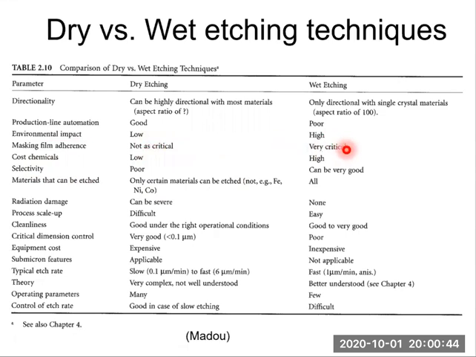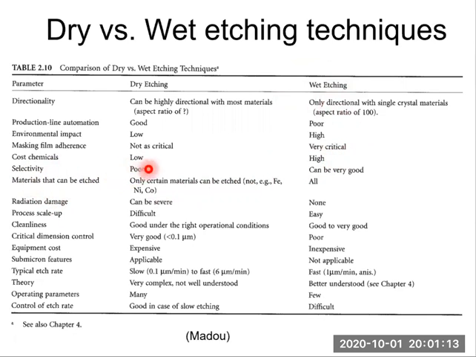But for wet etching, very critical, because if the adhesion between the masking film and the substrate is not good, then the masking layer can be peeled off by the wet etching, and then the etching fails. Cost of chemicals: dry etching low, wet etching high.